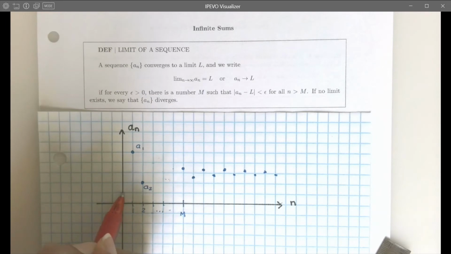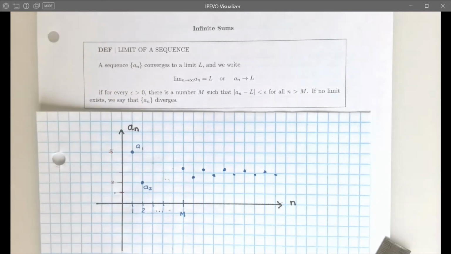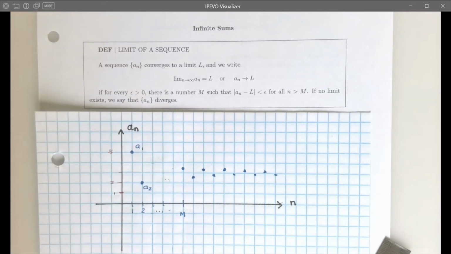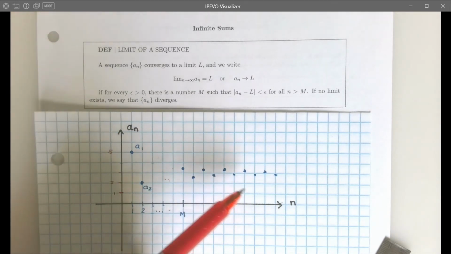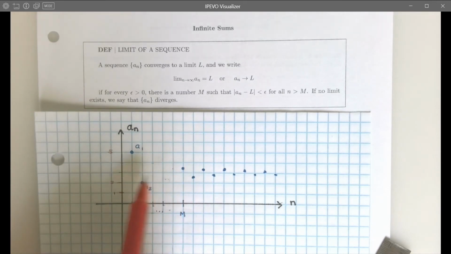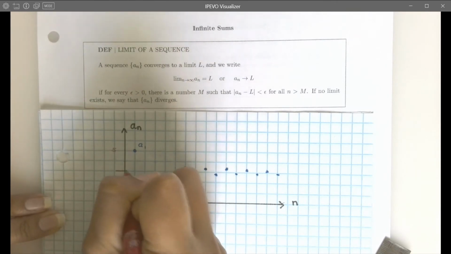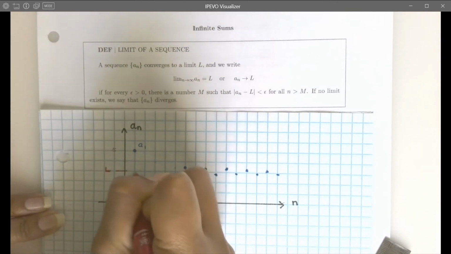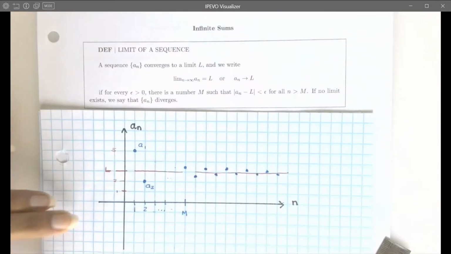If we were actually labeling these as 1, 2, this would be at 5. Okay, we would have an a sub 1 of 5. And what we're taking a look at is that when we plot all of the values, or the first few values, I should say, of the sequence, it seems like the values are getting closer and closer to some value here, which I'm going to call L. Okay, they seem to be getting closer and closer to L.